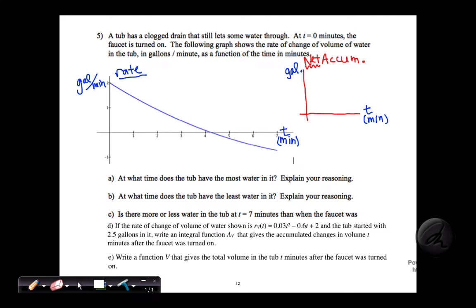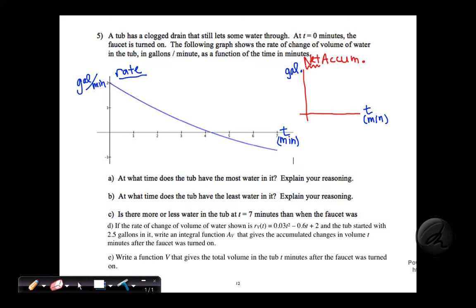We've got a more complex tub situation going on here, but near the start of what's shown in this graph, what does having this rate up here indicate? In a moment around time zero, or including time zero, the rate of change is approximately 2 gallons per minute.